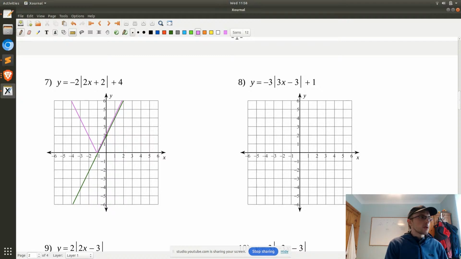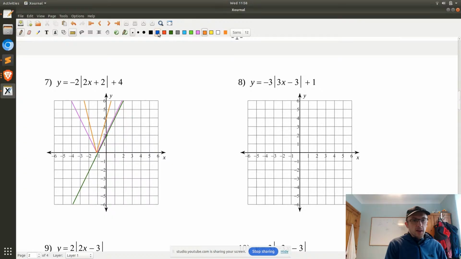Then we have to multiply everything by negative 2. So if I multiply everything by 2, everything will be twice as steep. But I've multiplied everything by negative 2. So I'm running out of colors here.